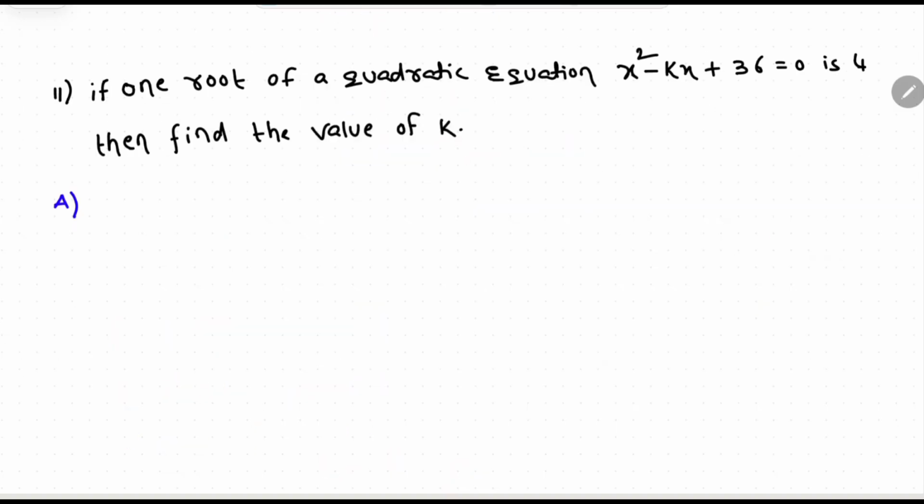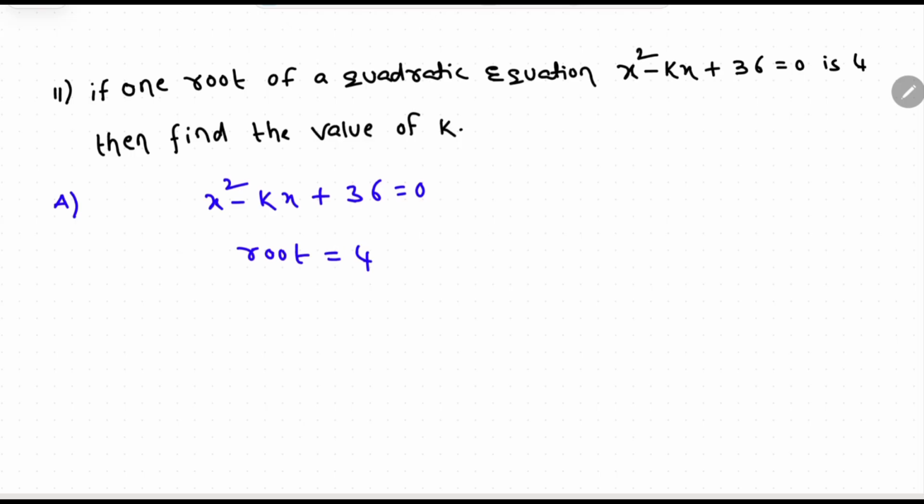So in the given problem, one root of the given quadratic equation is 4. So I am writing the given quadratic equation, plus 36 equals 0. So one root is 4. To find the variable here, we have to substitute the given root, that is 4.